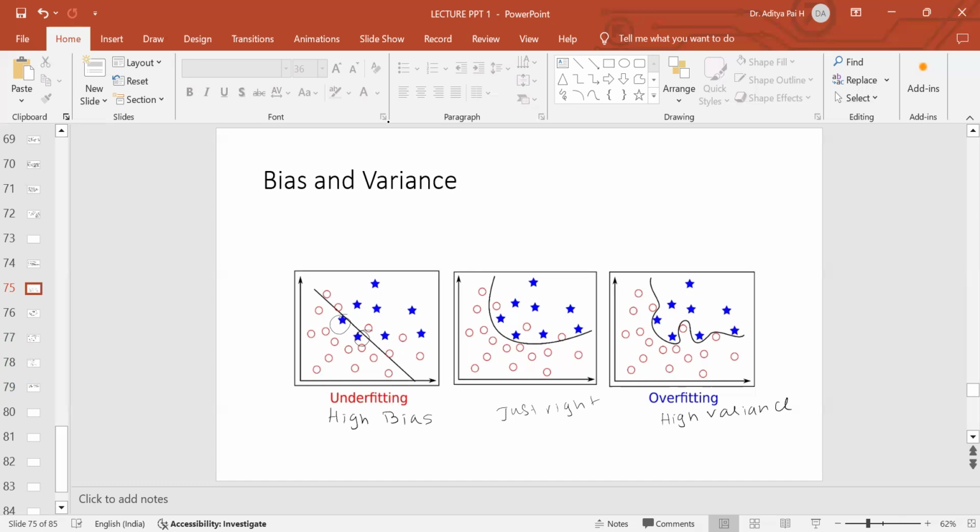Because of that there is a slight error, and this is known as high bias. High bias is nothing but a high error rate. When there is a high error, it means it is underfitting.